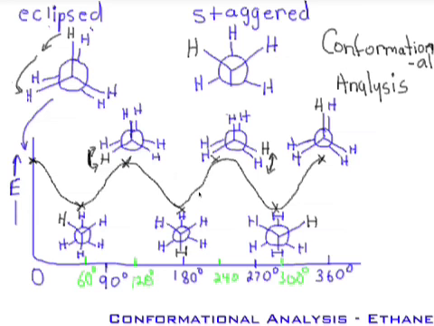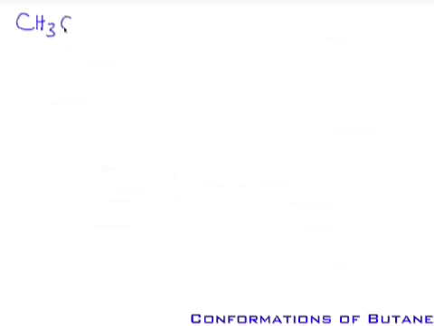What do I mean? Let's look at another molecule. Let's consider the conformational analysis of the molecule butane. And this time, when we draw Newman projections, we have to tell you which carbon-carbon bond to look down.